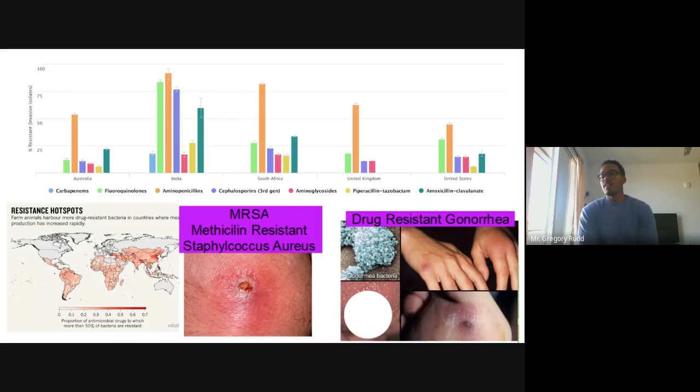All right, so we can see that there are specific hotspots across the world where resistance is a big problem. And most of this is not actually happening in humans. Most of this is happening in farm animals, which are far more likely to be exposed to bacteria. They live much closer to one another. They live outdoors.